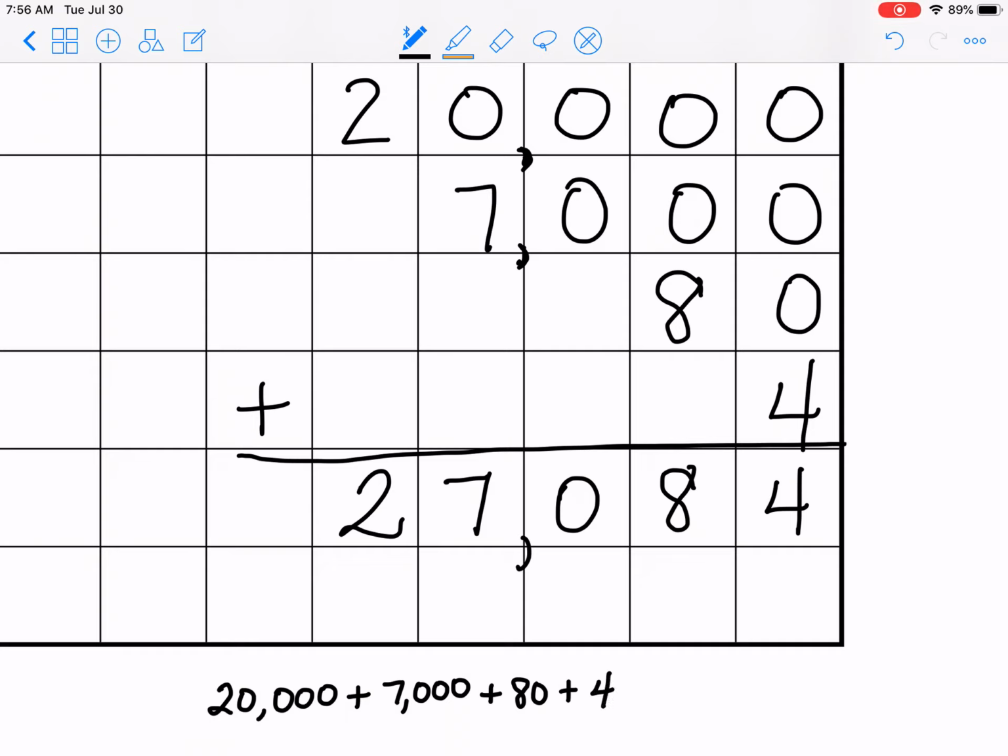So this would be the expanded form of 27,084.